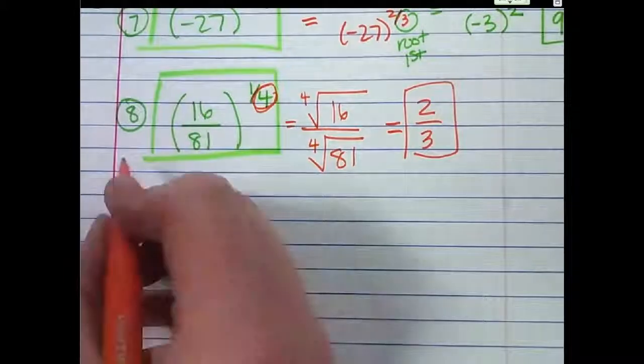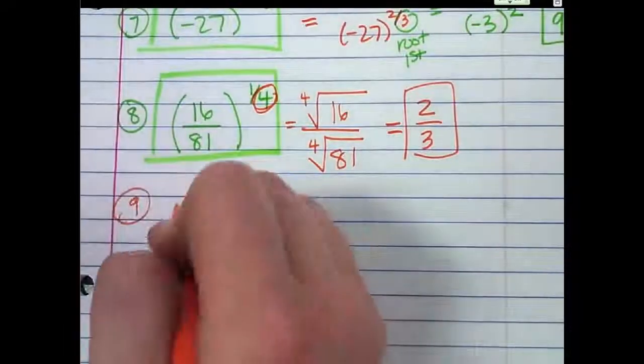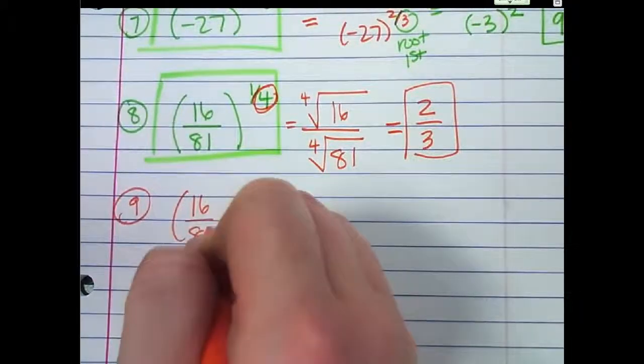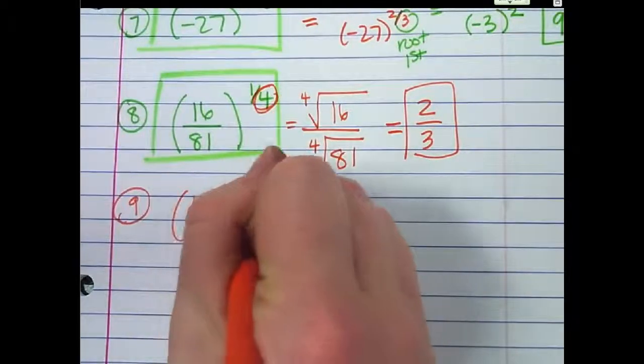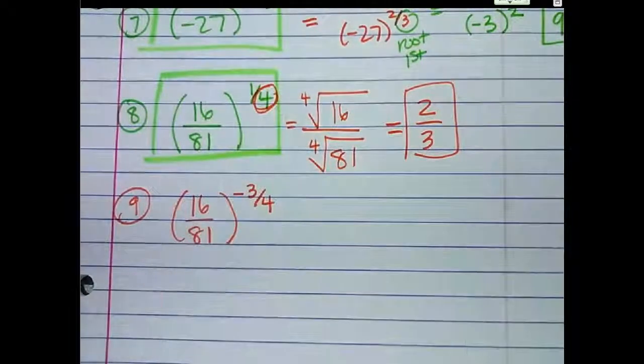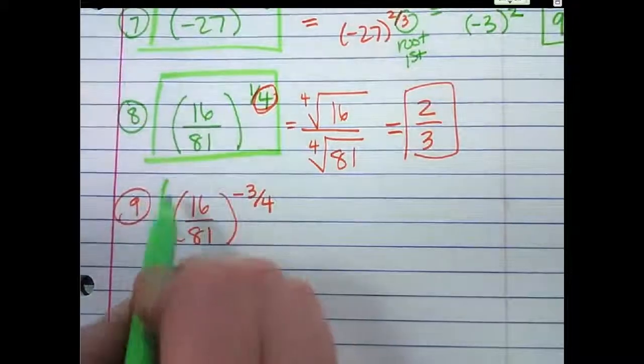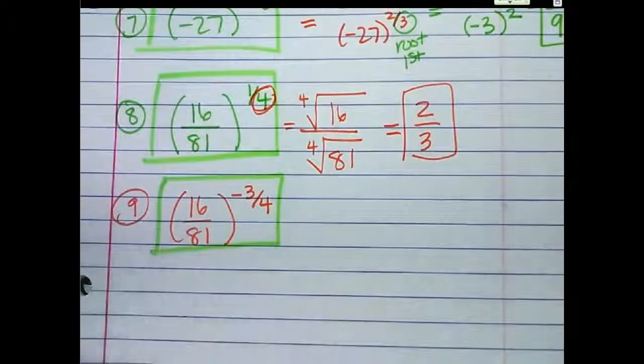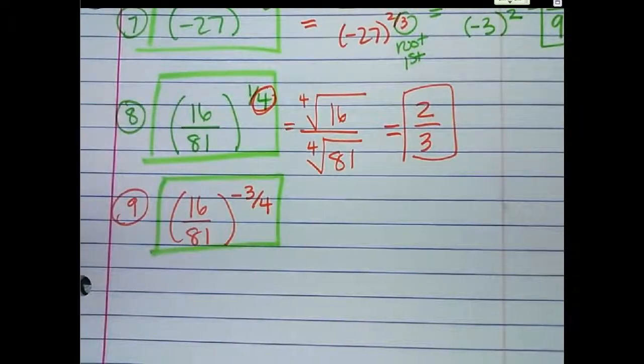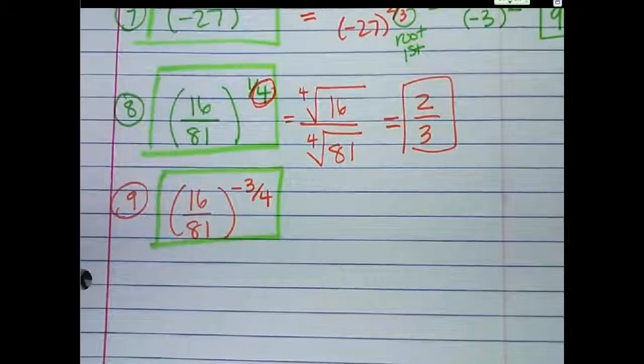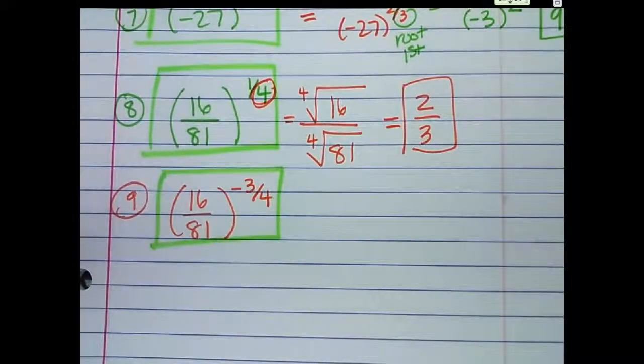And let's do one more like that. Number 9. So try number 9, see what you get. Be careful because there's a negative exponent.